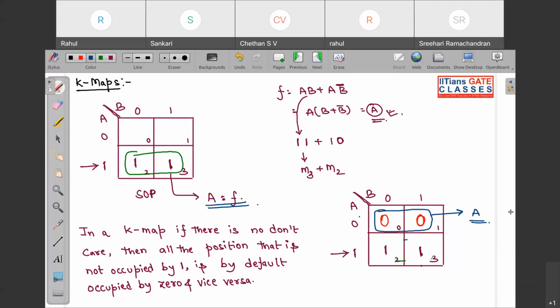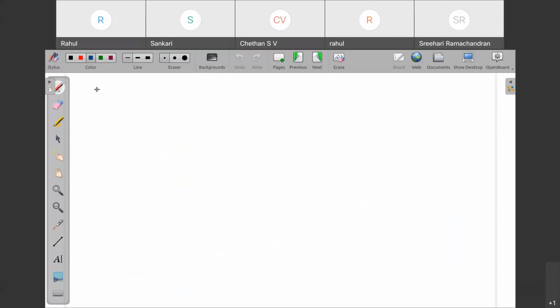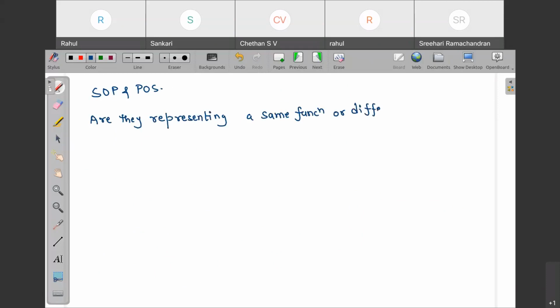Now, one more thing let me ask you. This SOP or POS, are they representing the same function or a different function?